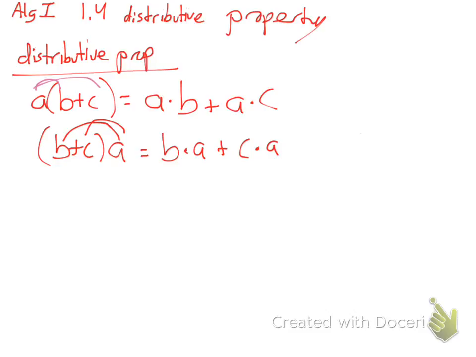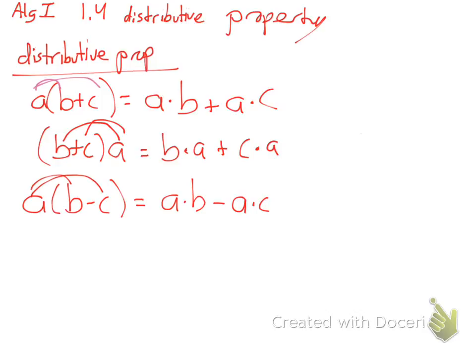That's if it was added. What would it look like if it was subtracted? What happens if I had something like a times b minus c? What would this look like? It'd be a times b minus, because it's a times a negative c, or minus ac.